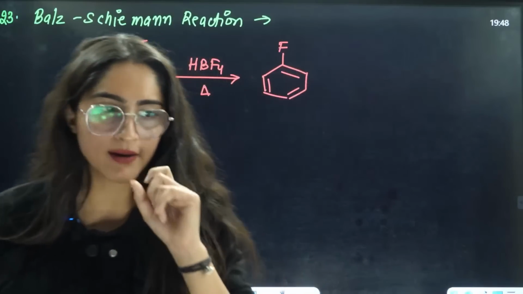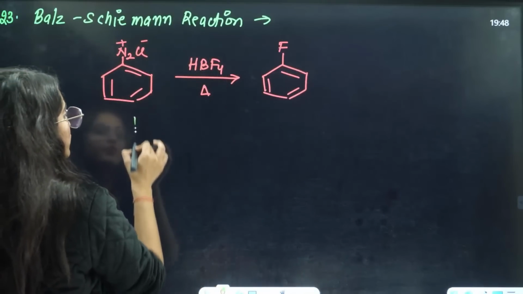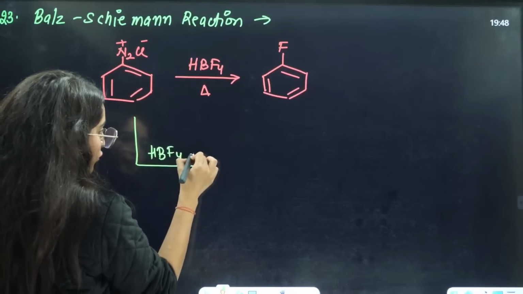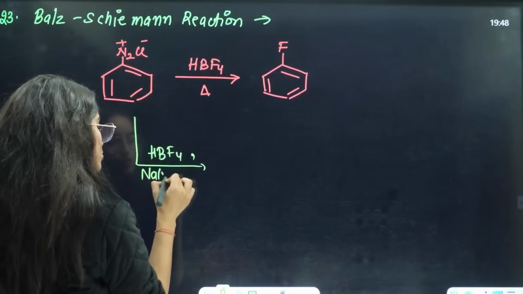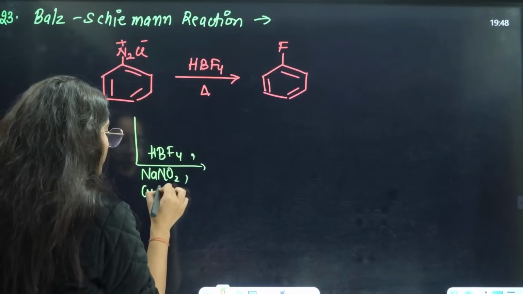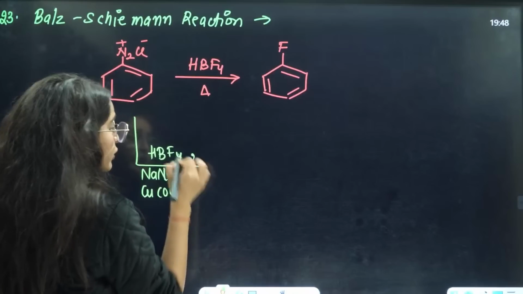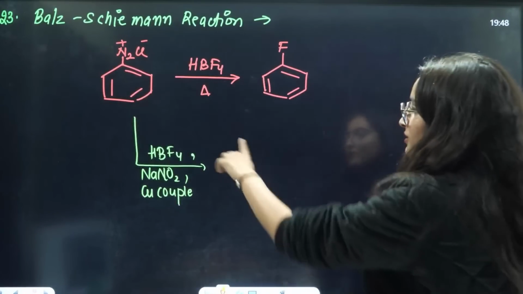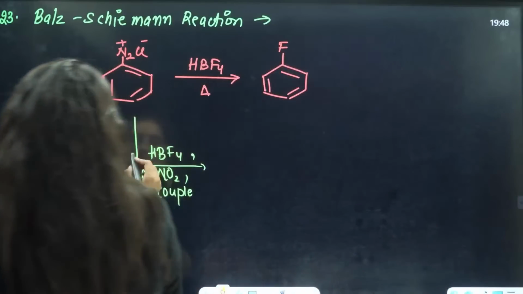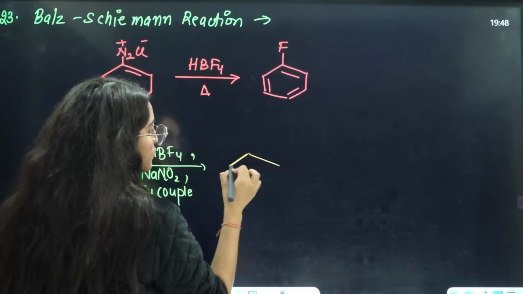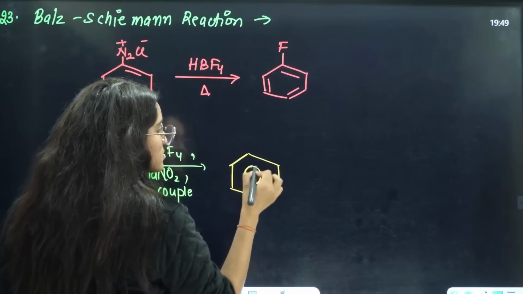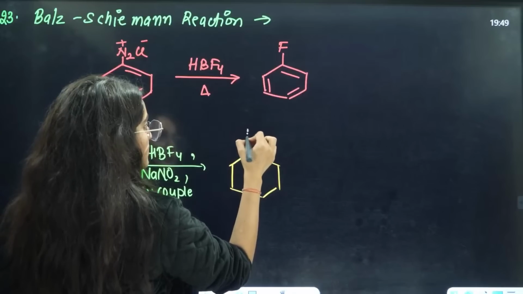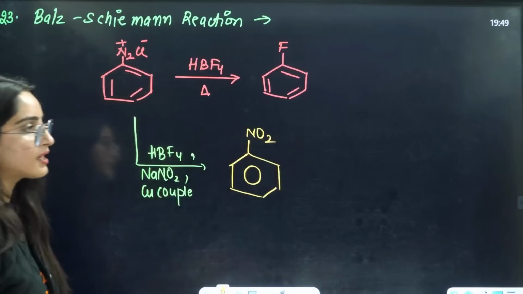Acha, one important thing here. Usually students get confused in this. If you add HBF4, then you add NaNO2 with copper couple, then you heat it. Now the answer is entirely different. Though this is not a naming reaction, I am just writing this here because this is quite similar. This is nitrobenzene formed.